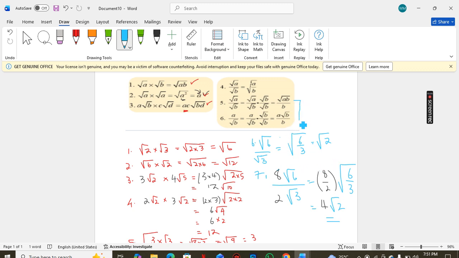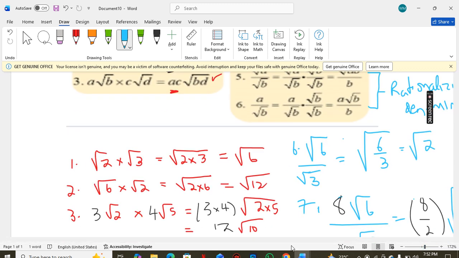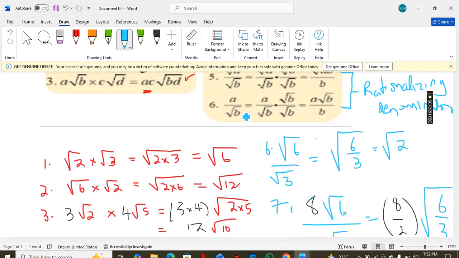Illustrate example 5 and example 6. Well, this is called rationalizing the denominator. With surds, if the numerator is a whole number and the denominator has got a root, as you can see here in example 6, a over the square root of b, what happens?